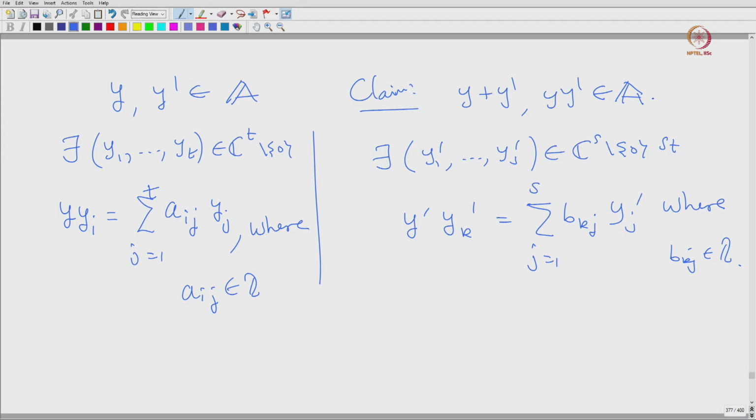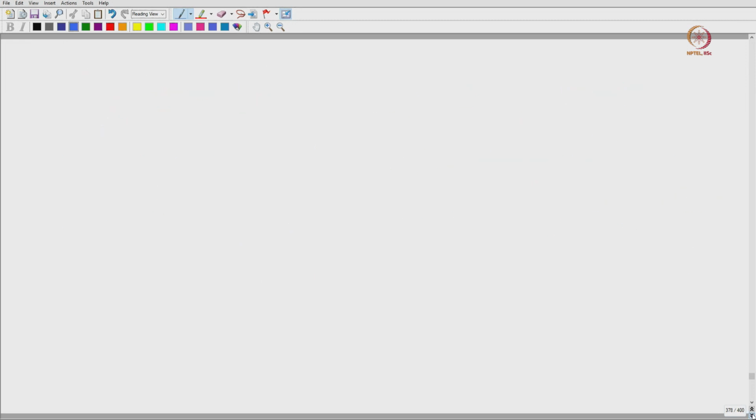These two things actually come from the fact that y and y dash are algebraic integers. Now, combining these y_i's and y_j dash, we are supposed to get some elements for y plus y dash. But it is not very hard to come up with them. So, it is easy to see that when you take y plus y dash times y_i y_k dash, this is going to be a linear combination of y_j y_l dash.